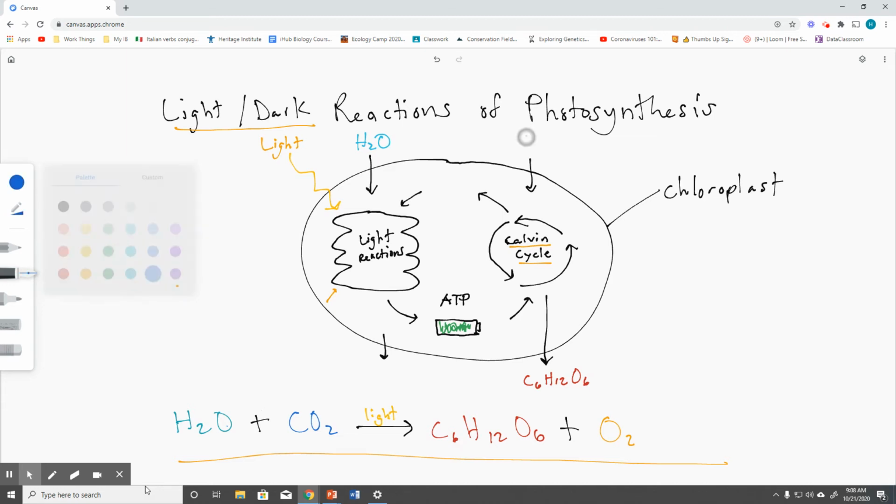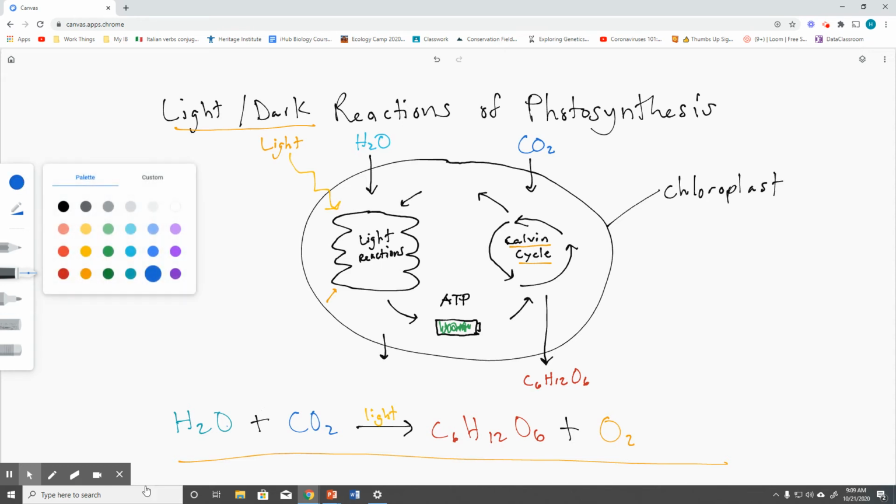This one. So CO2 also comes in here to the chloroplast, goes into the Calvin cycle. ATP supplies the energy to turn CO2 into glucose. And that's basically it, right? So that's kind of the whole goal. I'm missing a couple things here, but we'll fill those in right now.